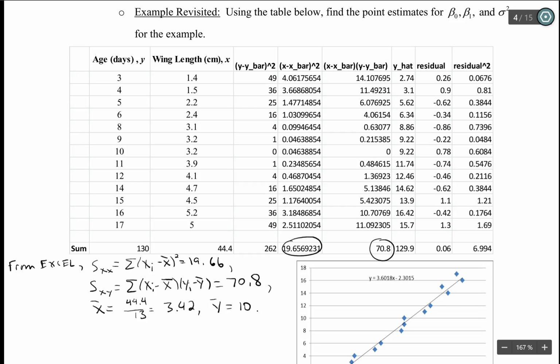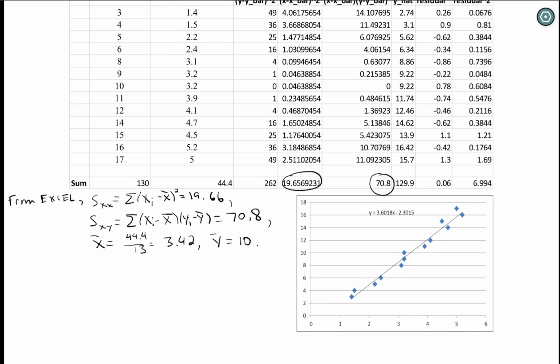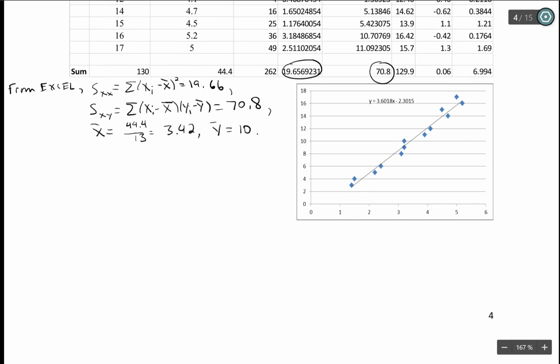So I have those summary statistics. I can get the values that I need here. So thus, beta 1 hat, which is SXY divided by SXX, or 70.8 divided by 19.66, is 3.6.